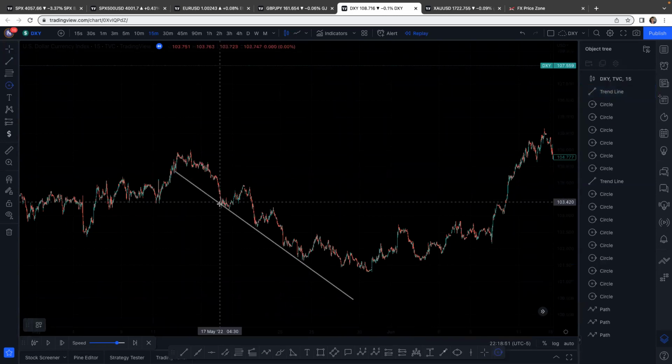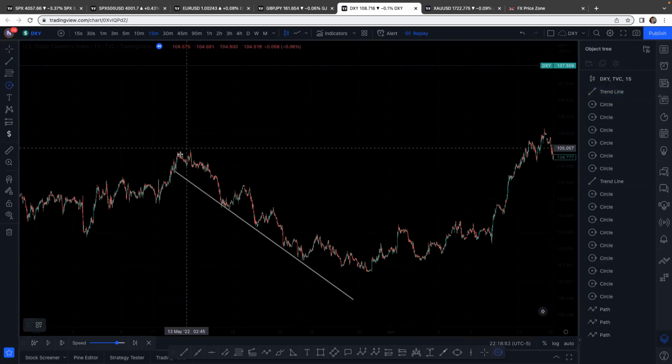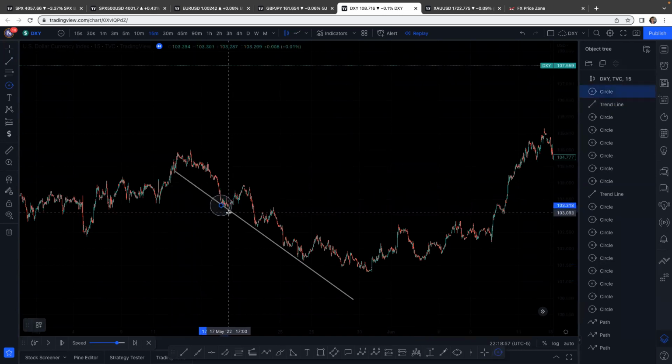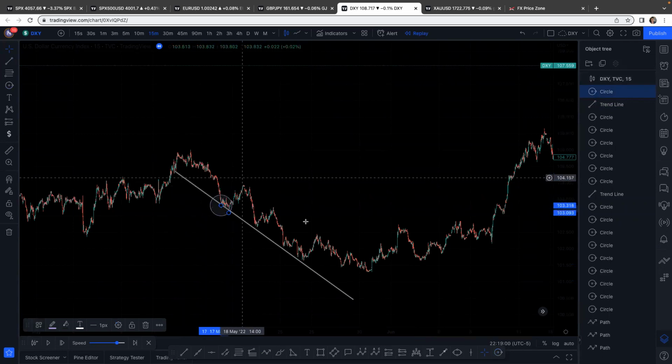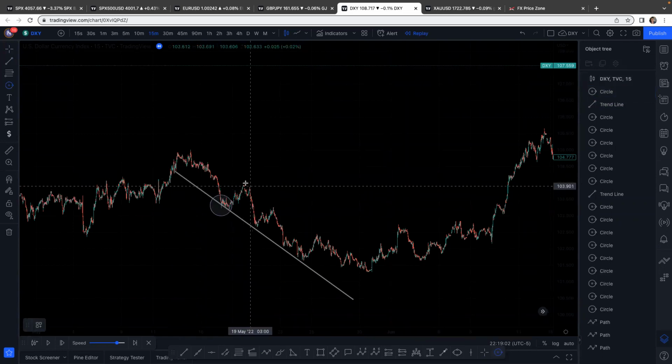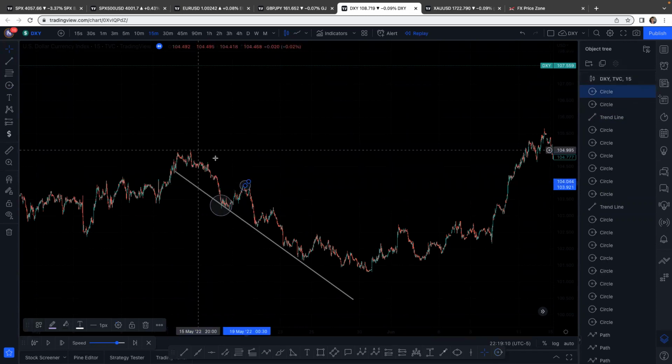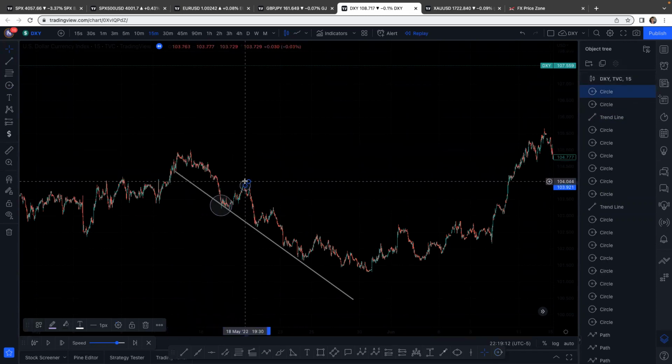So we've got this high right here. However, there's a lower low because it's going down. And then we have this high. It's a lower high because it is lower than this specific high. Excuse me, this high is lower than this high, so it makes it a lower high.